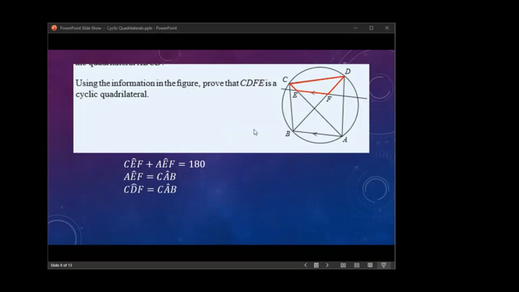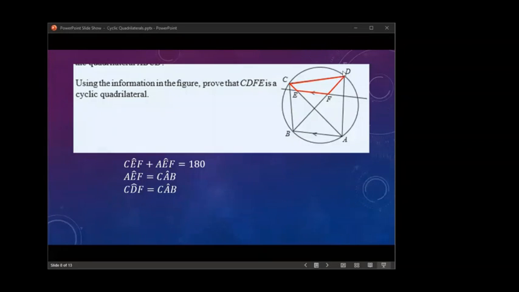Then we can say CDF is equal to CAB. These two angles, CDB and CAB, are angles of the same arc, we can say the same angle subtended by the same arc.